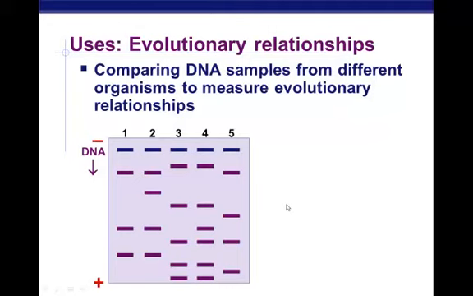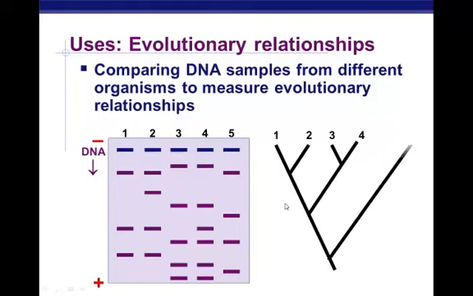And so we can compare DNA between different organisms and create a little family tree by looking at similarities between DNA. We're going to do a little lab, also a BLAST lab, that looks at DNA sequences and compares similarities between organisms.